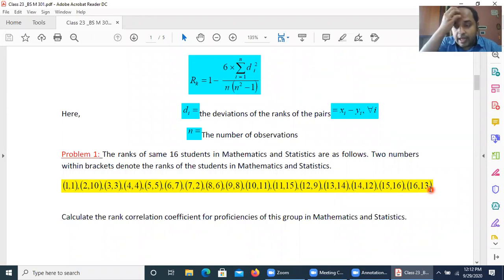So we have to study whether these ranks are correlated to one another. What is the objective of this study? In statistics books, problems, theories and formulas are given, but there are very few books where objectives are discussed.